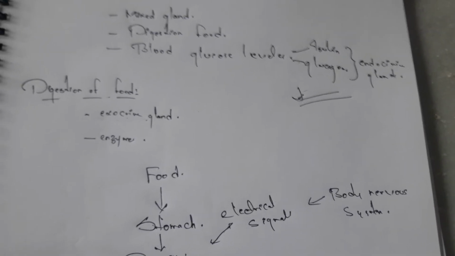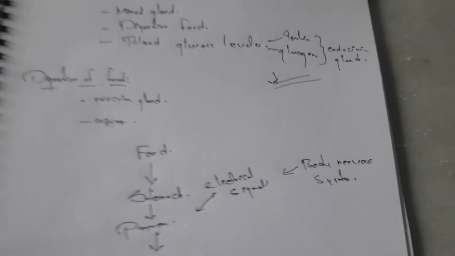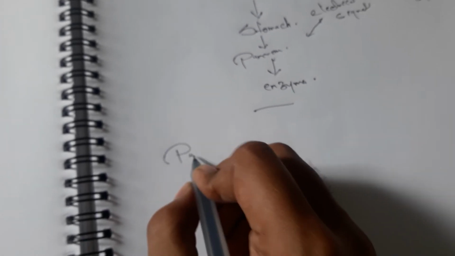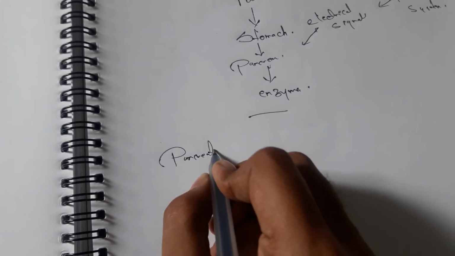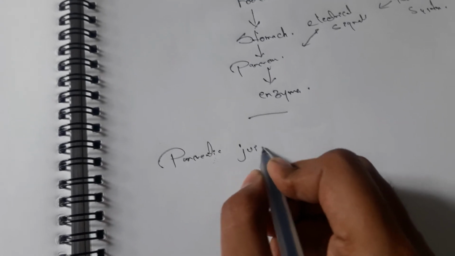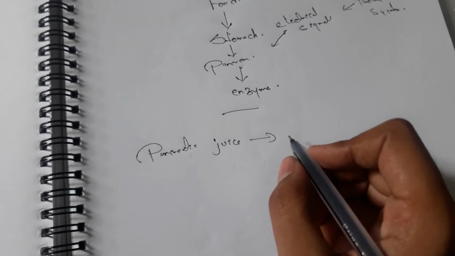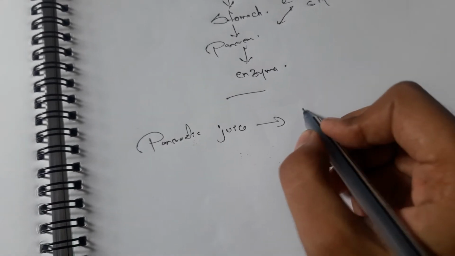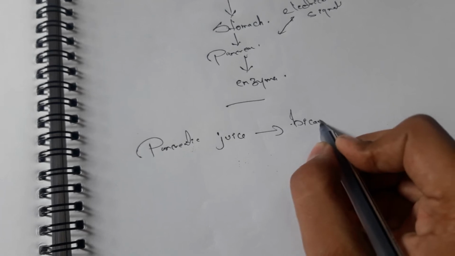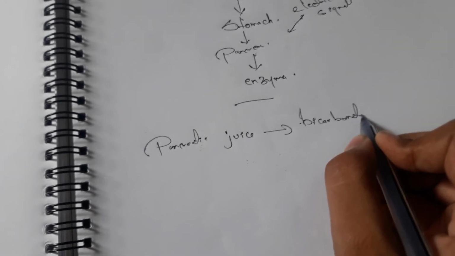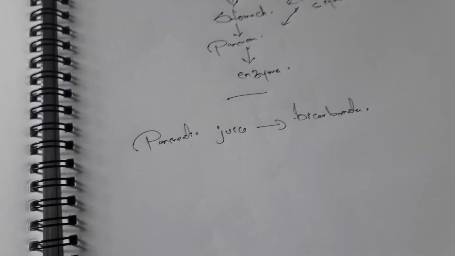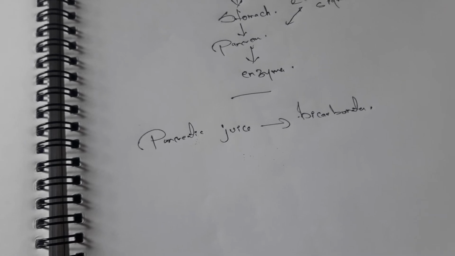Actually, the pancreas will secrete pancreatic juice, right? This pancreatic juice contains bicarbonates. What is the function of bicarbonates? It will neutralize the acidity.